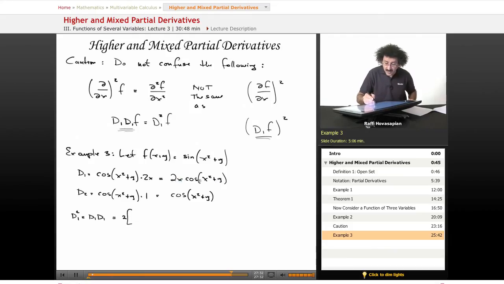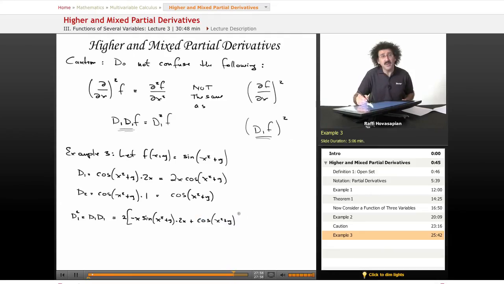So it's going to be this times the derivative of that. It ends up being minus x times sine of x squared plus y times 2x, plus this times the derivative of this, which is just 1. Again, I pulled the 2 out. So it is cosine of x squared plus y.